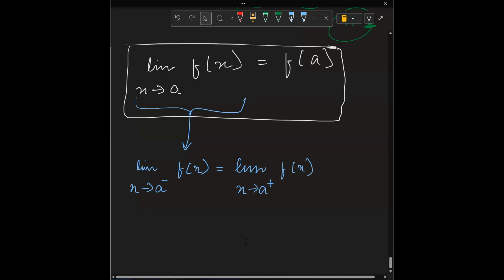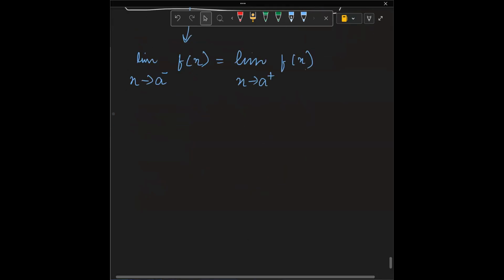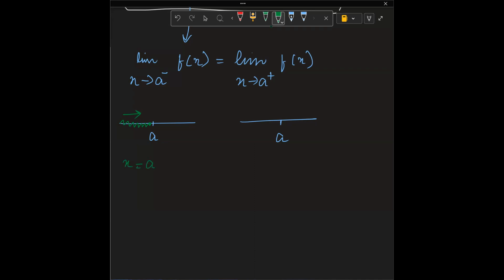Now what a plus and a minus represent, see, a minus means if this is a number line and there is a, then a minus means your limit is approaching from this side. It means you are just at a, not exactly at a, slightly smaller than a, where this h is very small.